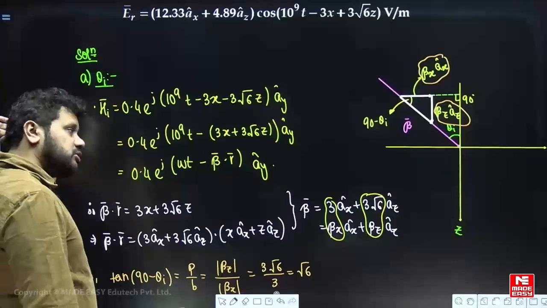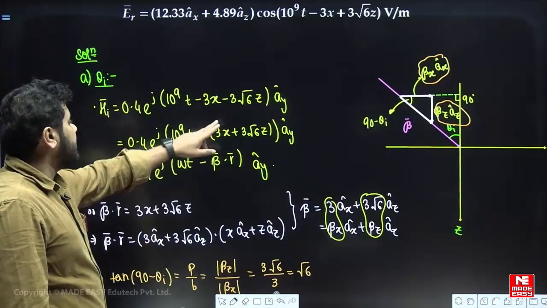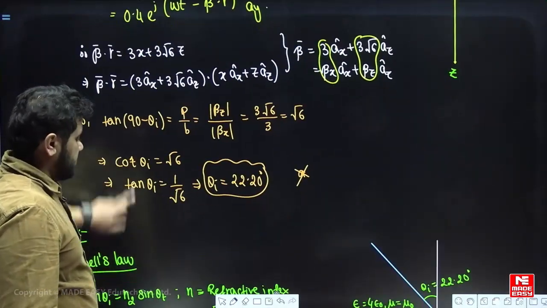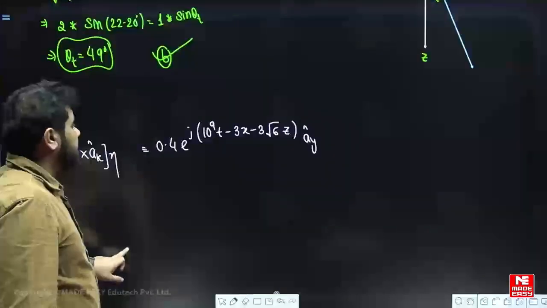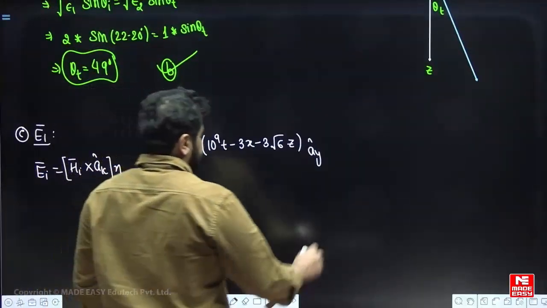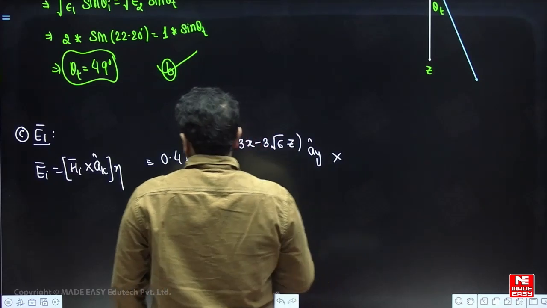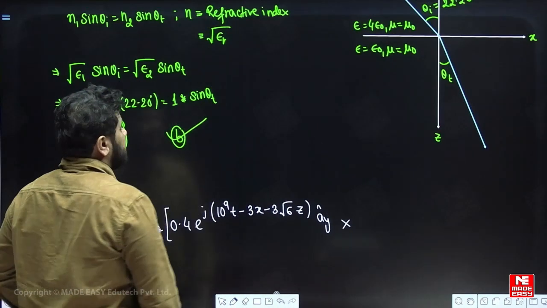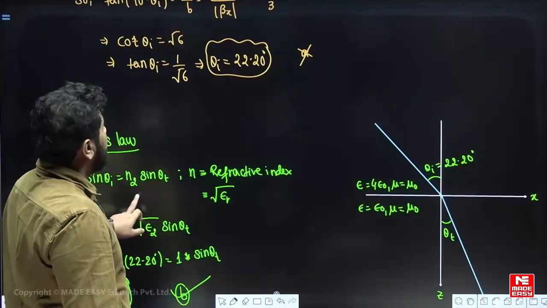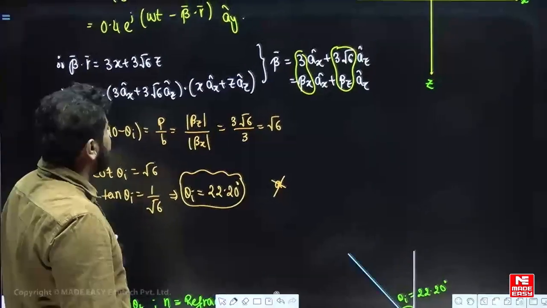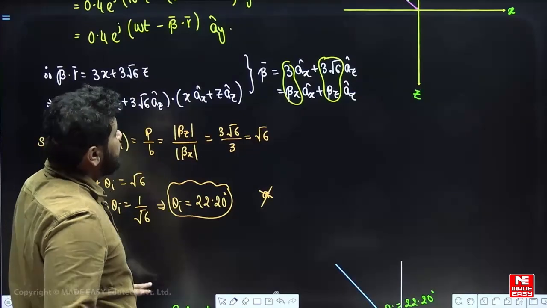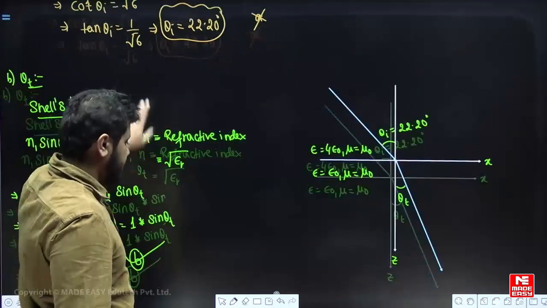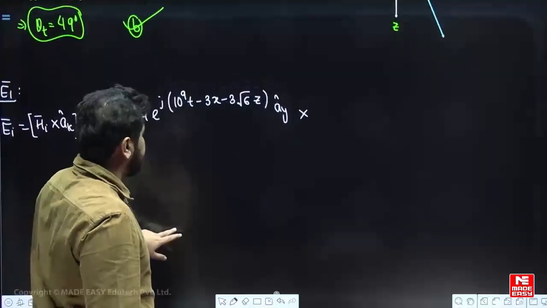So 0.4 e to the power j, both are negative, 3x and minus 3 root 6, cross AK. Now what is AK? AK is nothing but the beta direction, A beta. Beta is 3ax plus 3 root 6 az. Let us see how to evaluate this AK.